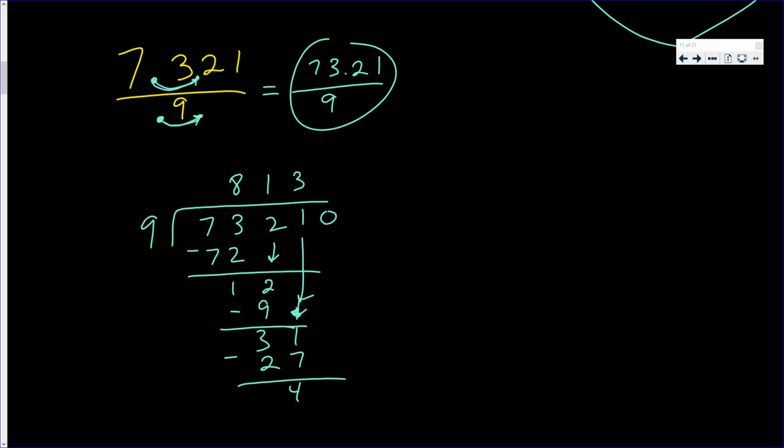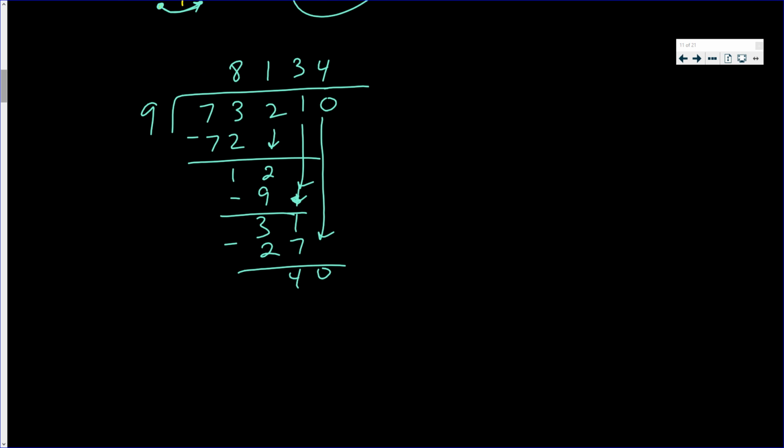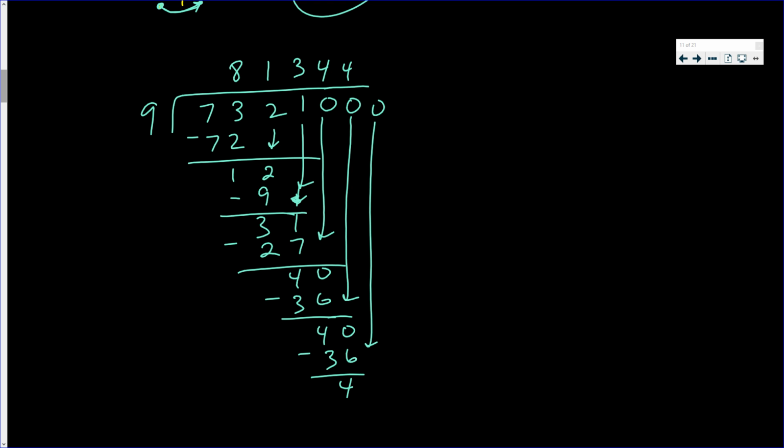Put a 0 in. Bring down the 0. 9 times 4 is 36. Subtract, get 4. No number, so it's a 0. Bring it down. 40 again. 9 times 4 is 36. Subtract, get a 4. Bring down the 0.